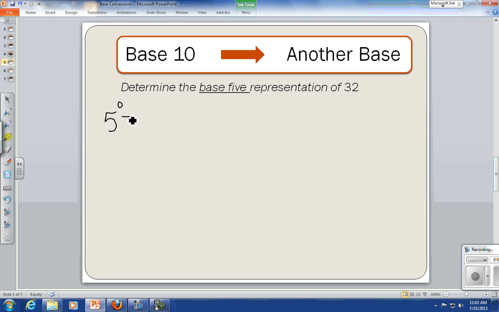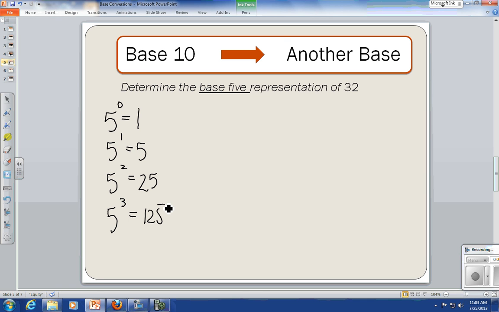So 5 to the 0 is 1. 5 to the first is 5. 5 squared is 25. 5 cubed is 125. Your goal is to find the highest power of 5 that will divide into 32.